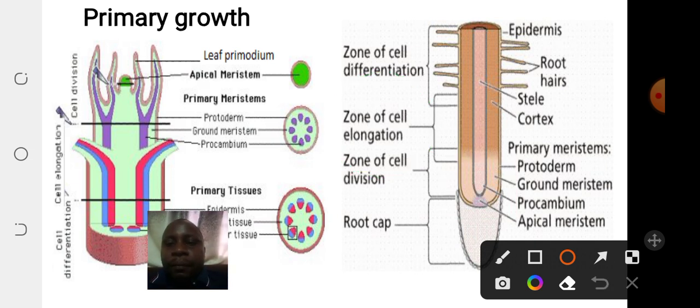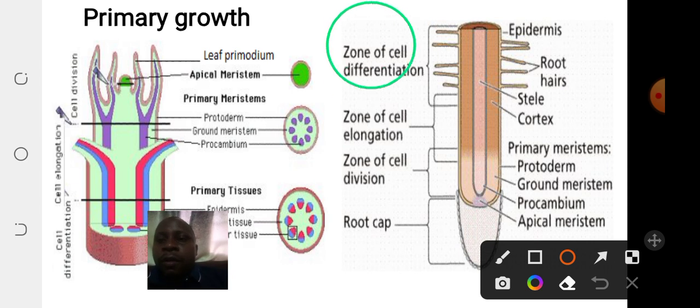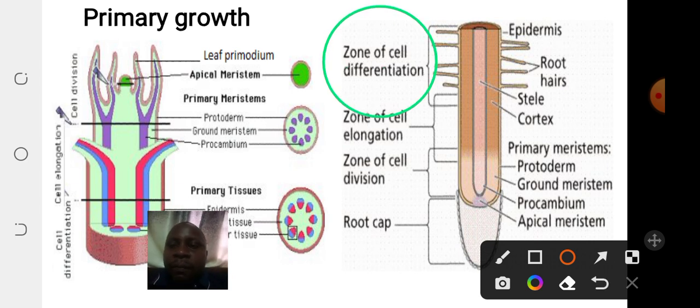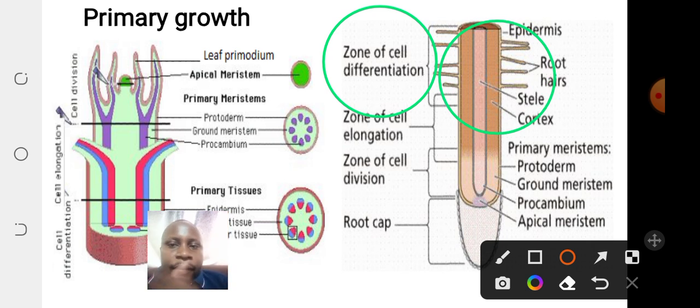Lastly, we have the zone of cell differentiation. This is where the cells differentiate into permanent tissues. There will be some tissues such as the cortex, which will form, such as the phloem, such as xylem, the vascular cambium, etc. At this particular point, the cells form permanent tissues.